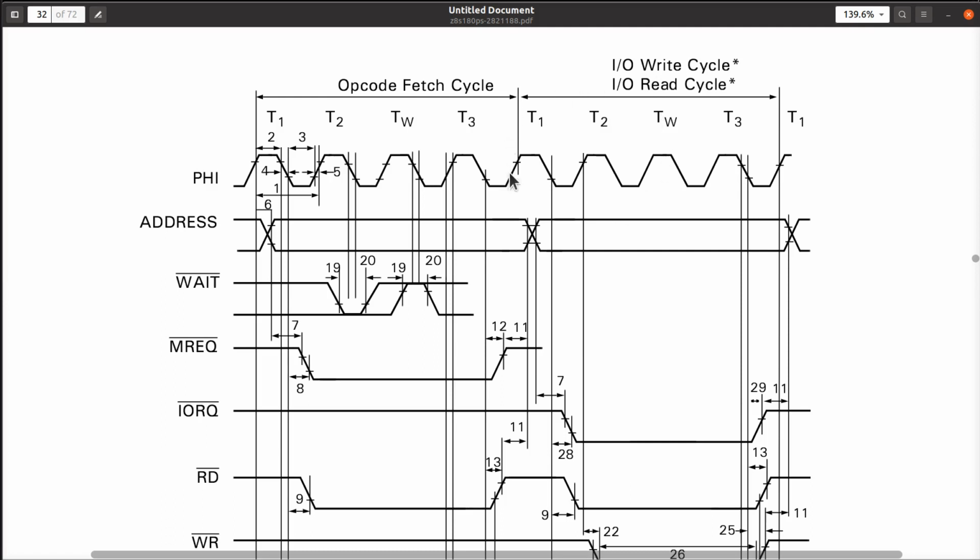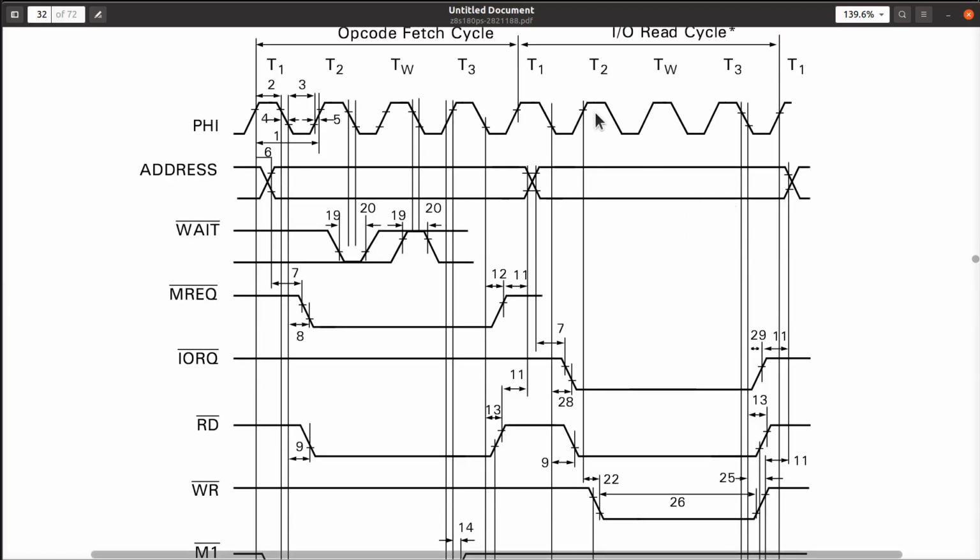All right, remember I'm modeling this I/O cycle here. It's got T1, T2, T-wait, T3. This is what it really is, okay? There's 4 cycles, and that's what they're called. In the first cycle, somewhere in the first cycle, the address bus goes stable.